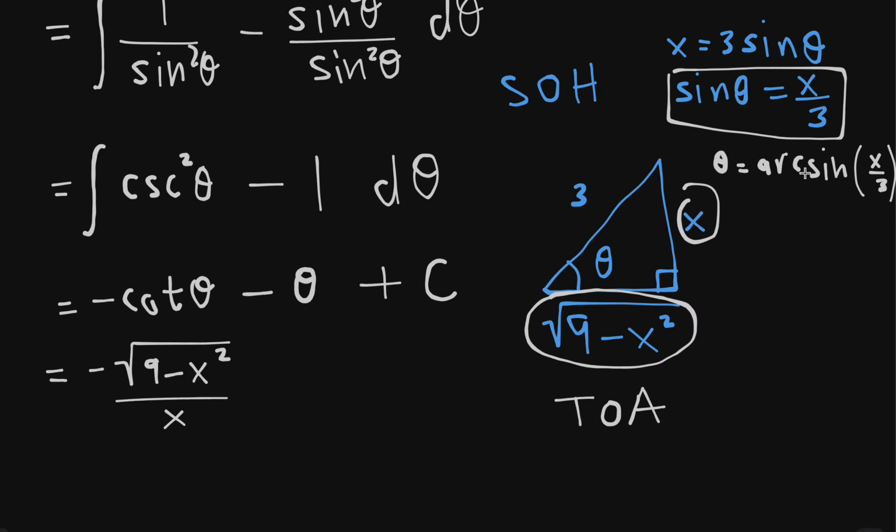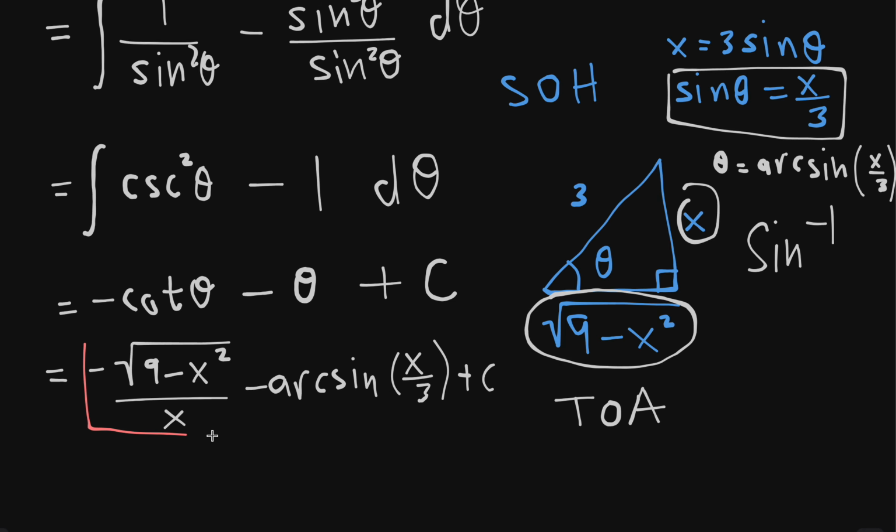I prefer the arc sine notation because it's less confusing than sine inverse, in my opinion. Okay, so we subtract arc sine of x over 3. Then we have plus c, and this is the answer.